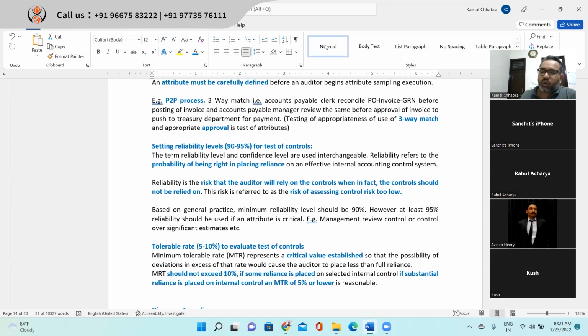You put in your overall materiality, performance materiality, tolerable error, total population, number of population, and then your control risk, inherent risk, the risk of material misstatement. When you put in all this information, the statistical tool will give you the number of samples or the list of samples, depending on which category of tool you are using, right?